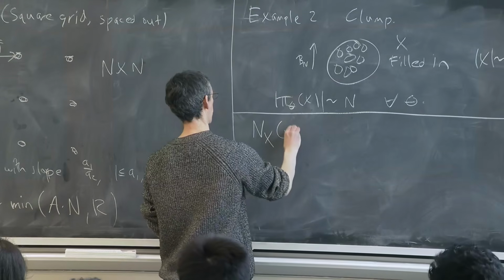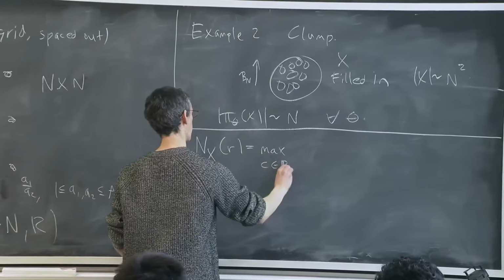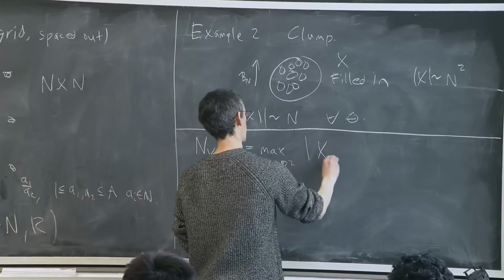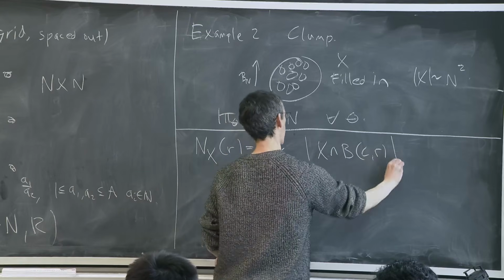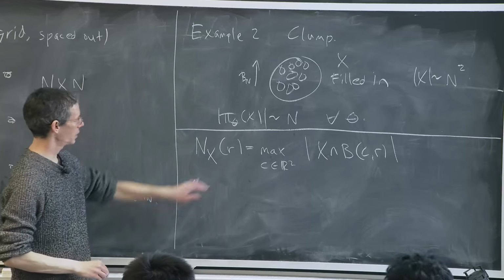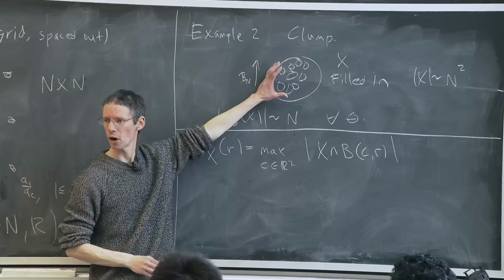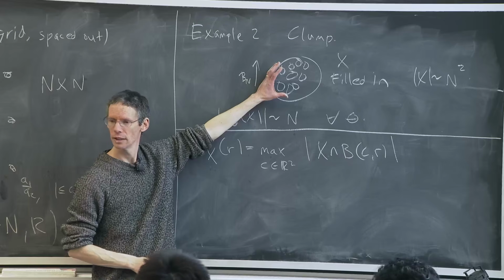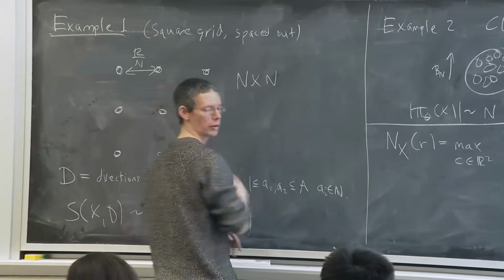N sub x of r is the maximum over any choice of center C of the size of x in the ball around C with radius r. So you can see that this quantity would be quite large in this example, especially if you took little r to be n. And it would be a lot smaller in this example. So that one is more spread out.